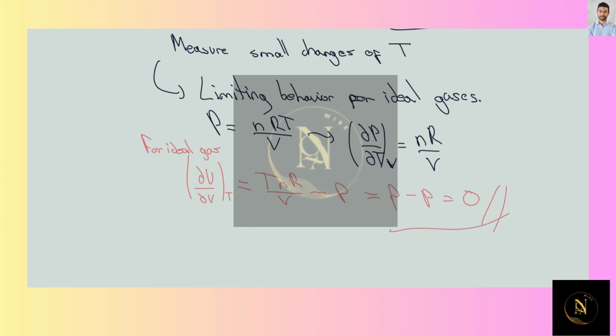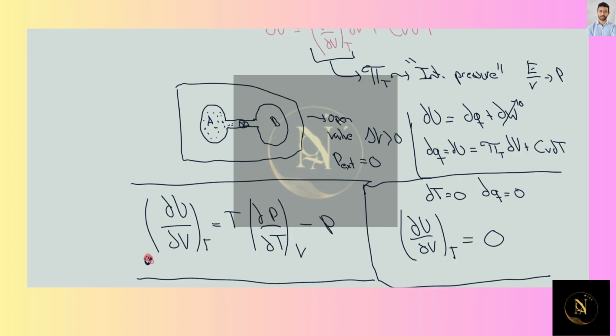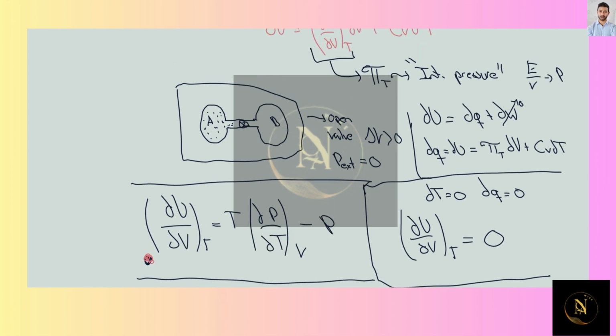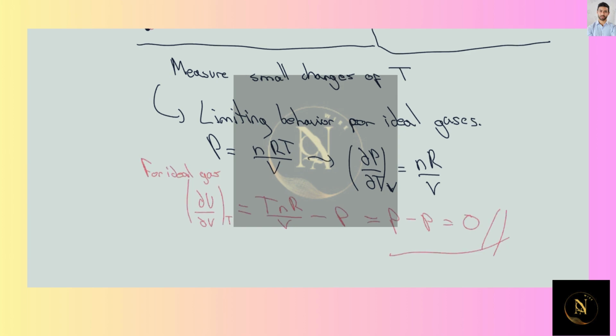So the other limitation that we're going to have is that in the Joule experiment, if we're employing gases under conditions in which we can assume that they are ideal gases, then the value needs to be equal to zero. The amount of heat coming from the system will be directly zero.